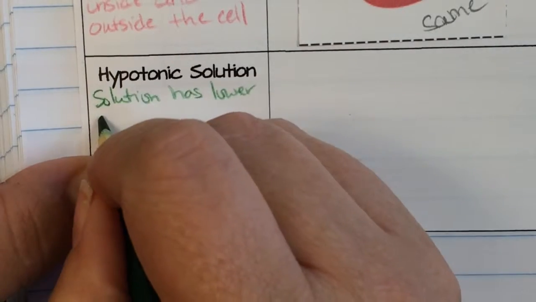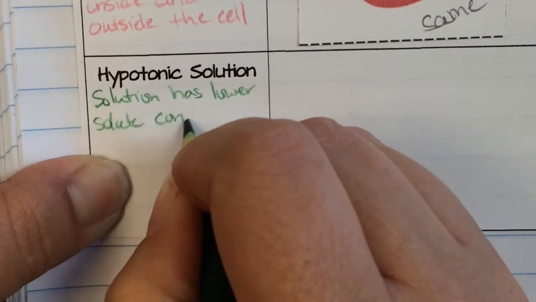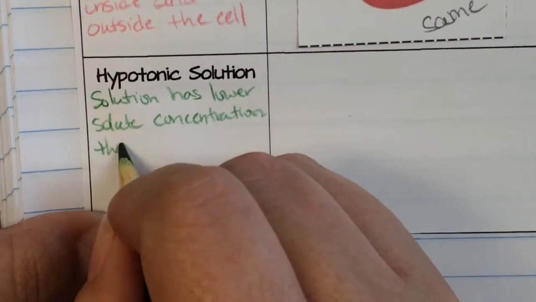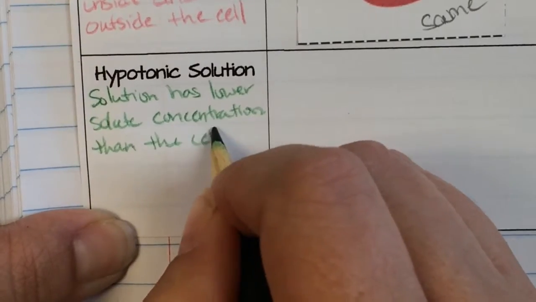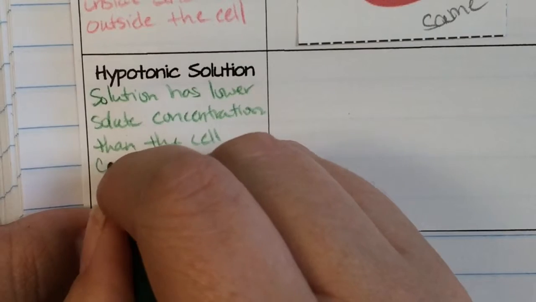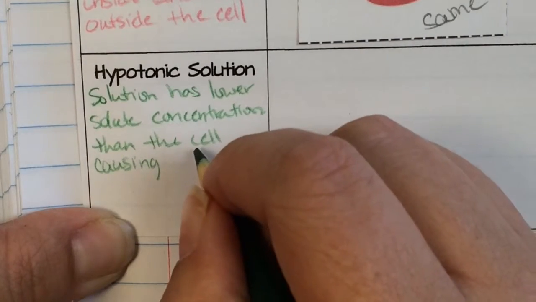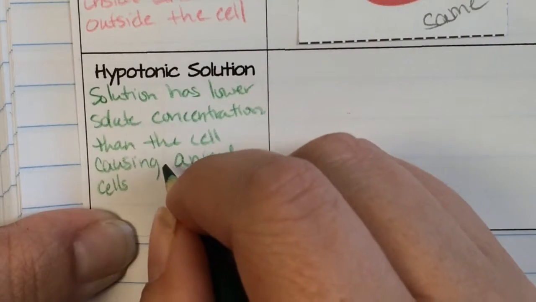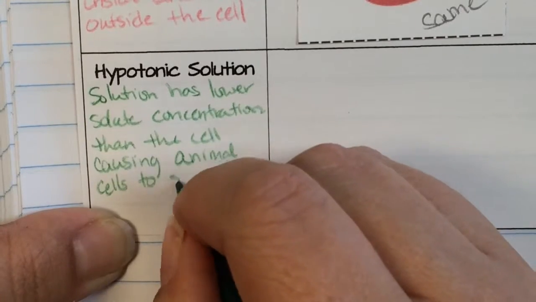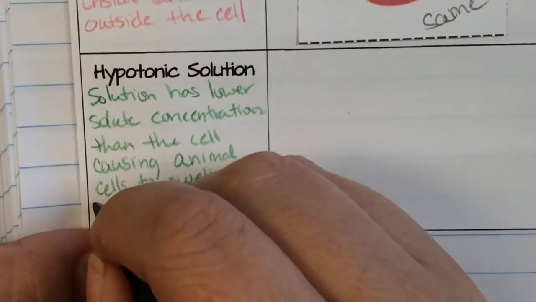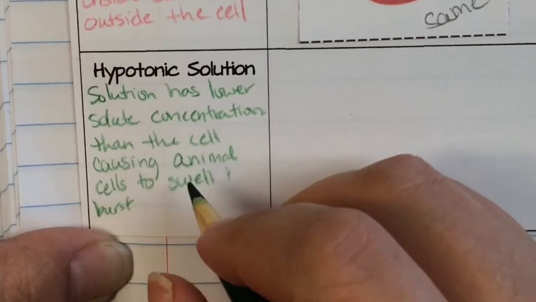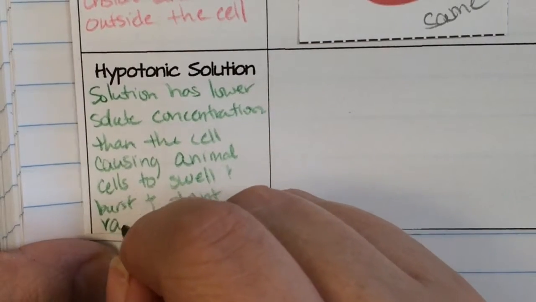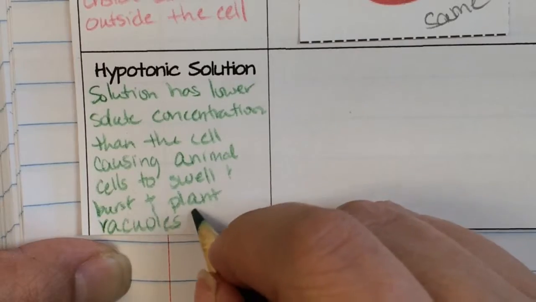Has lower solute concentration than the cell, causing animal cells to swell and burst, and plant vacuoles to swell.